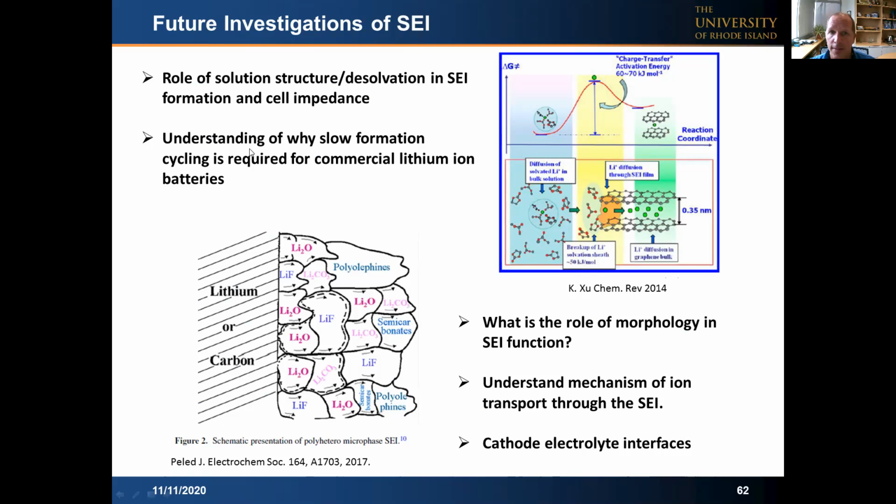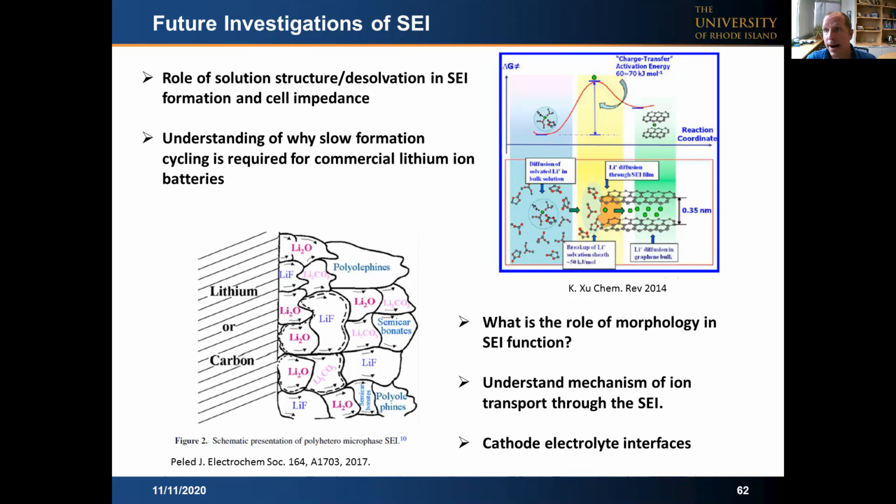This also brings up another really important fundamental chemistry topic that's very important to the battery industry, which is that we need to develop a better understanding of why slow formation cycling is required. This is something that I haven't really mentioned in the previous presentations, but lithium-ion batteries must undergo something referred to as formation cycling. So after the cell is built, the lithium-ion battery manufacturers will undergo a very sophisticated process, which is usually privately held by the company.